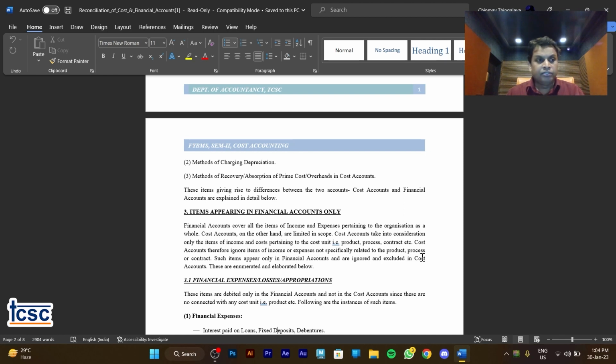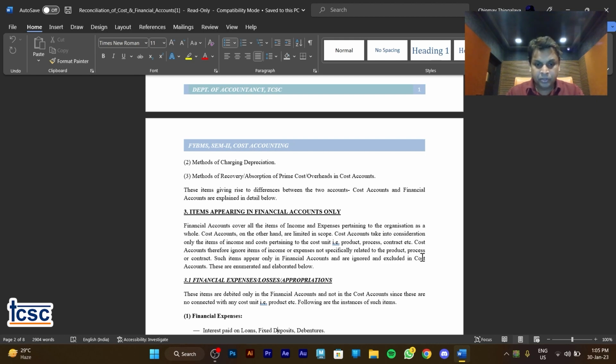Now, we know that these two methods are going to give me two different amounts of depreciation, and ultimately the effect has to be on profit. I hope now things are very much clear to you all, that is why the cost accounting and financial accounting books are going to show me two different profits.